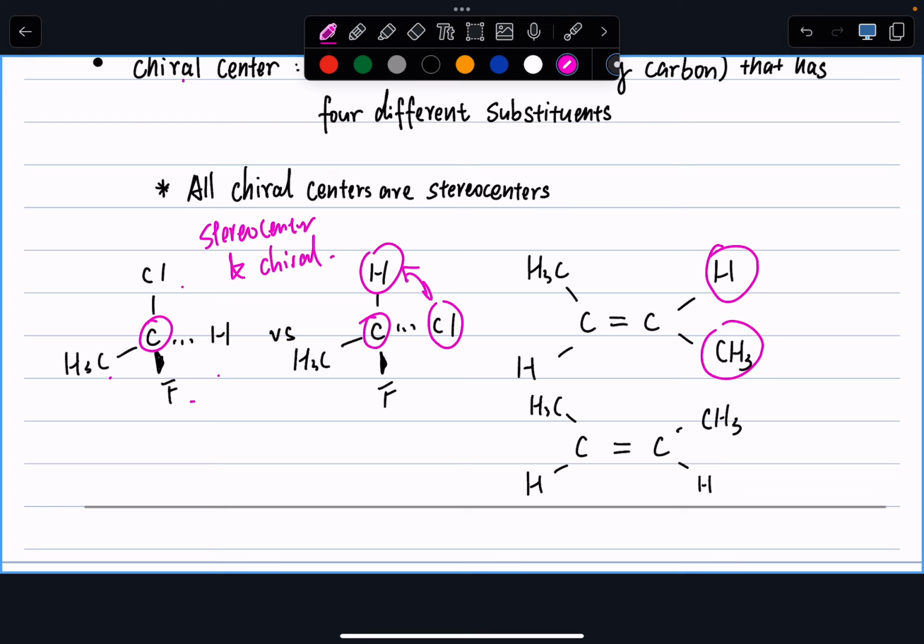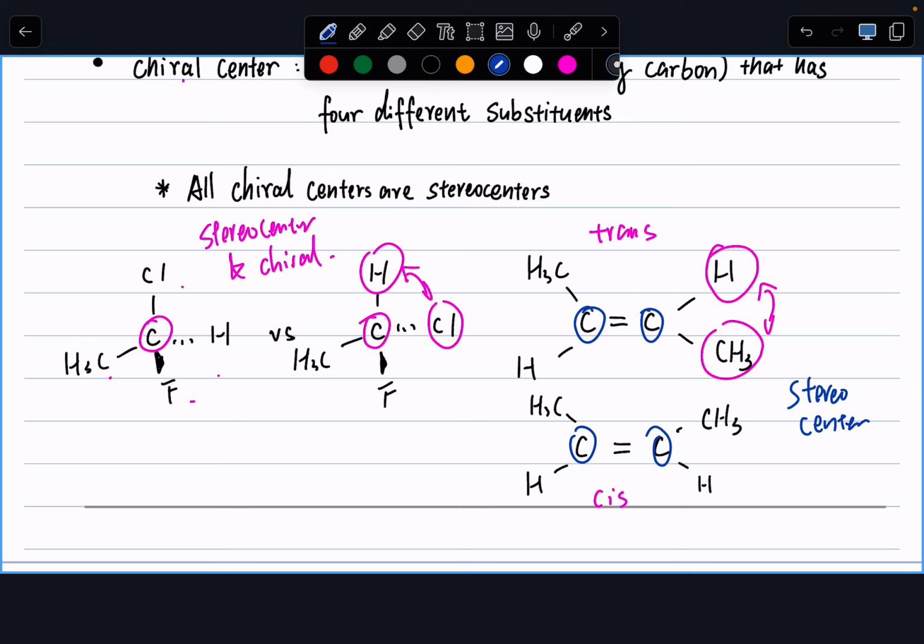By switching the position of my hydrogen and methyl group on one of the carbons, we're changing it from a trans isomer to a cis isomer. So that means my carbon centers here are stereocenters, but they're not chiral centers, because they're not sp3 carbons, they're not tetrahedral carbons with four different things on them.